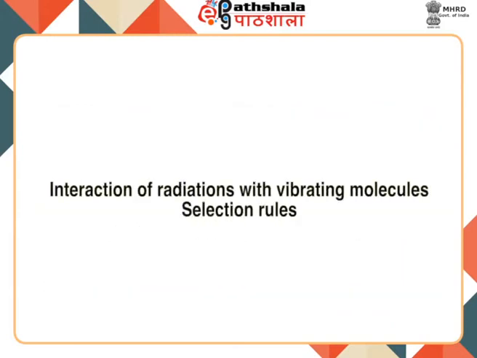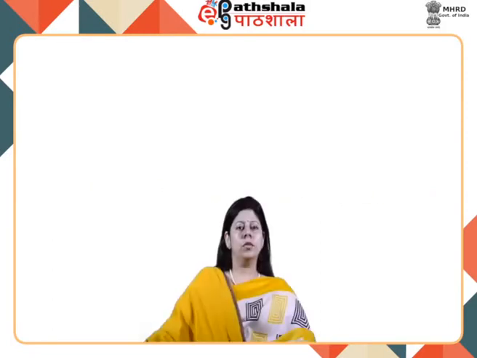Now we see the interaction of radiation with a vibrating molecule. There are two selection rules for the interaction of vibrating molecules with electromagnetic radiation and the transition of molecules from one vibrational energy level to another vibrational energy level.